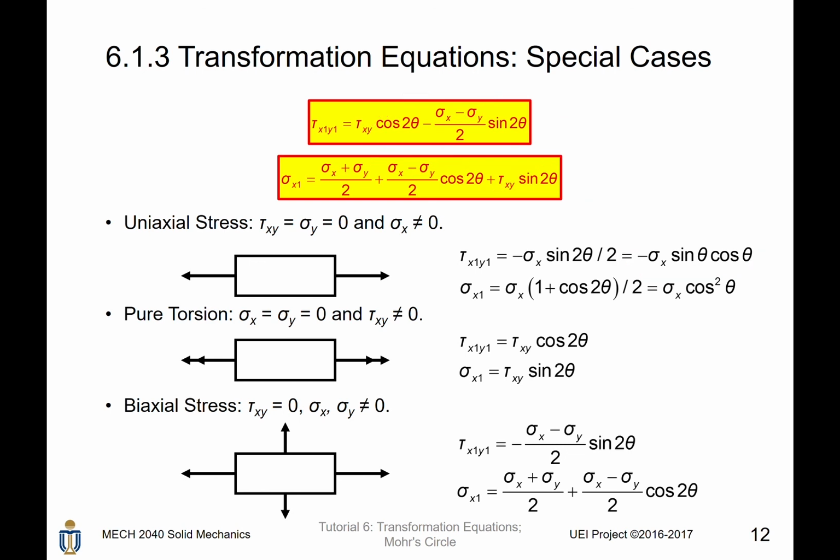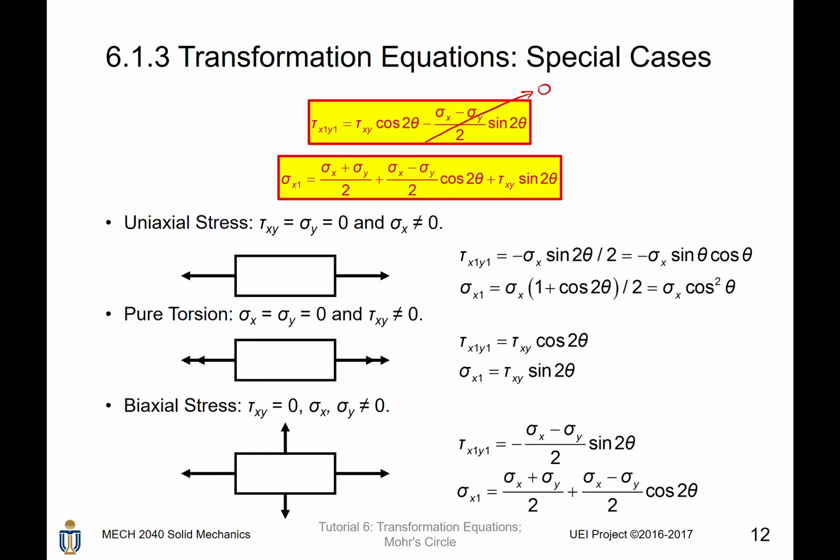Now let's talk about the case of pure torsion. For pure torsion, we know that there is no direct stress acting on the system. There is only shear stress. So we can kill a lot of the terms in those formulas. Sigma x and sigma y are both 0, so this term is completely 0. The shear stress on the inclined plane is given by tau x1y1 equals tau xy cosine 2 theta.